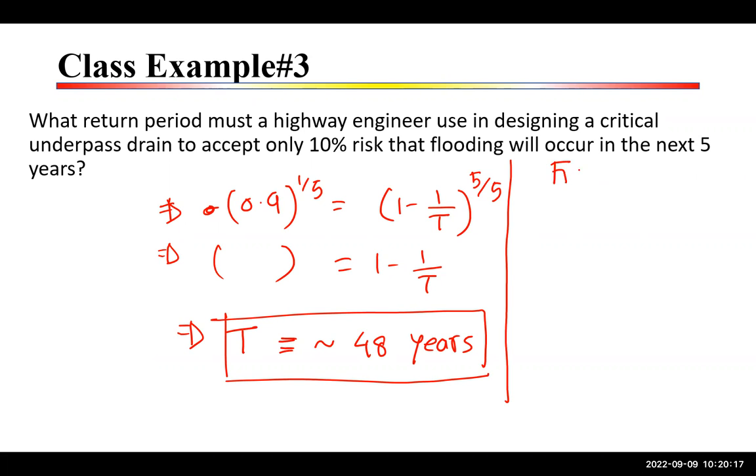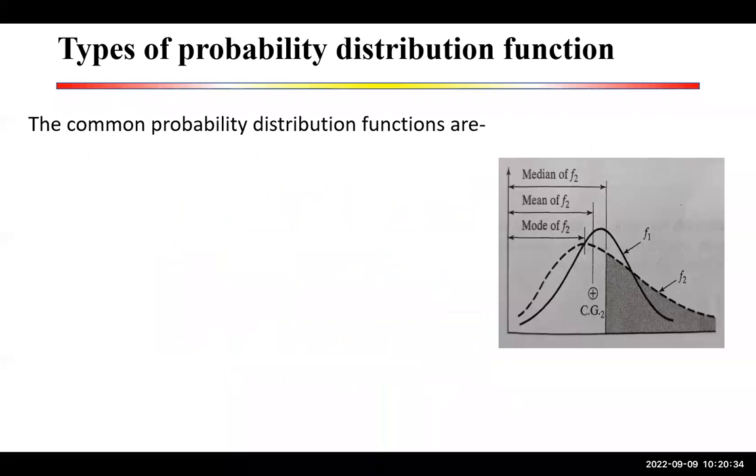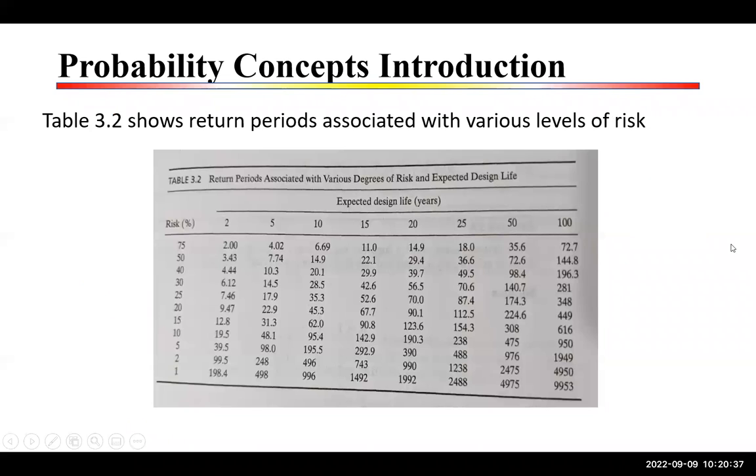Now, what is the other way? From the table, what is the table number you have? 3.2. Let's check that one and see if we can get anything from there. Here, right? Do we know the risk percentage? 10%. Do we know the design life? 5 years.